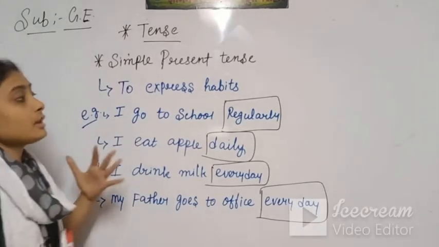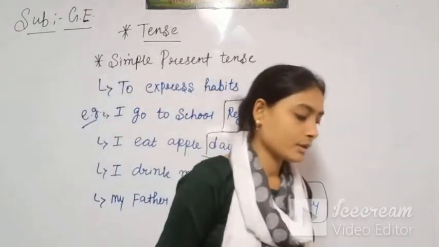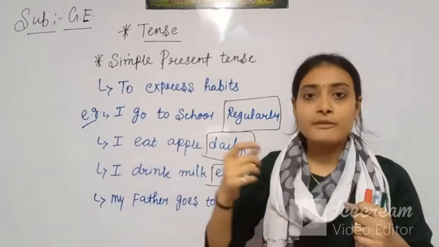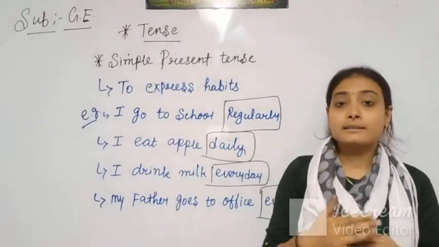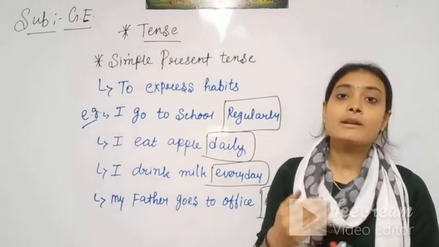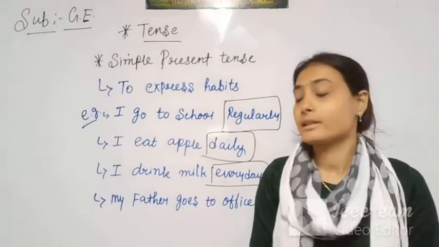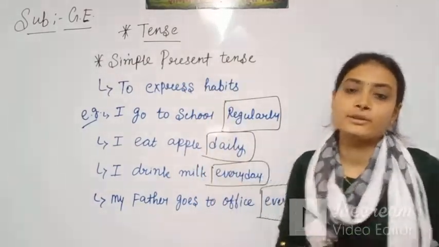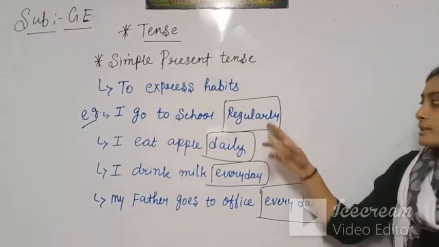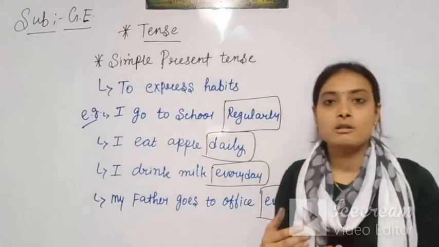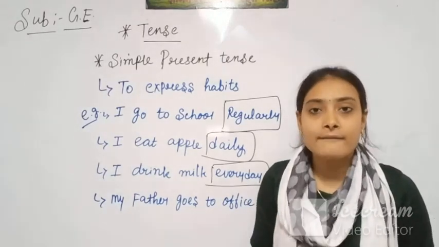If we want to express daily activities or regular activities, then we can use the simple present tense. Clear? This is our daily habits. I go for a walk every day.